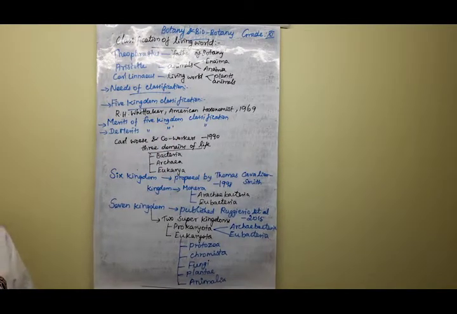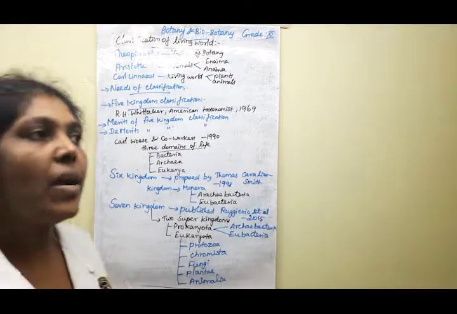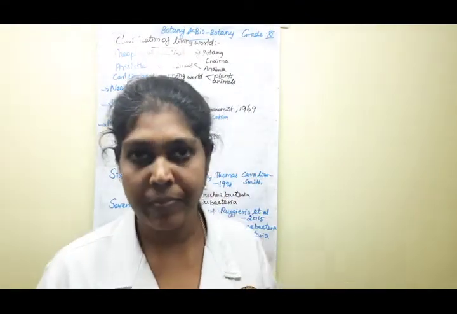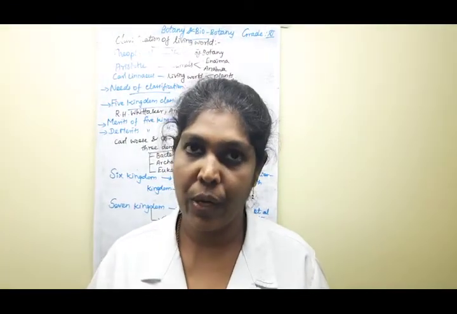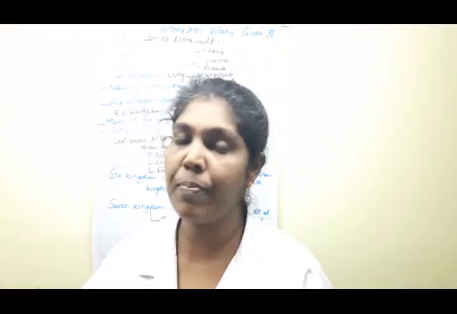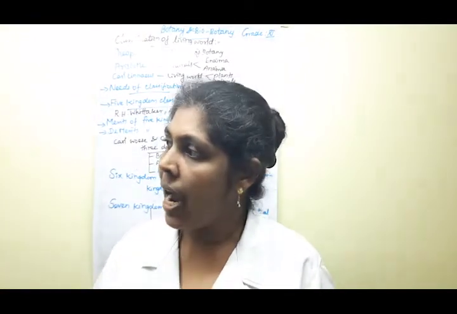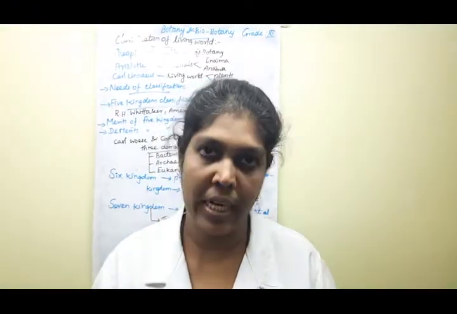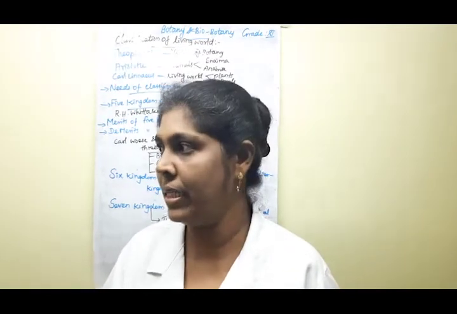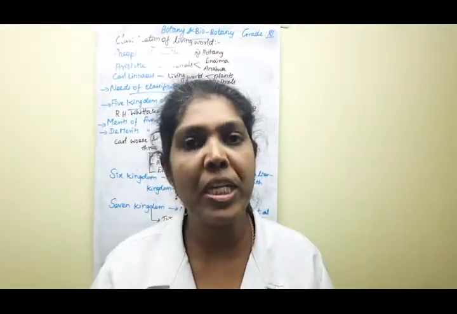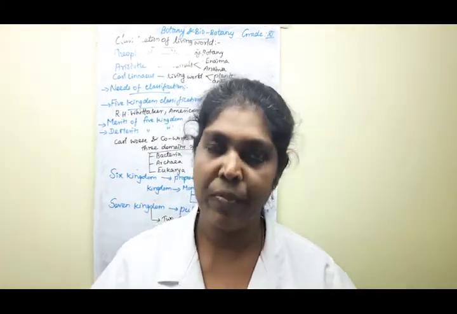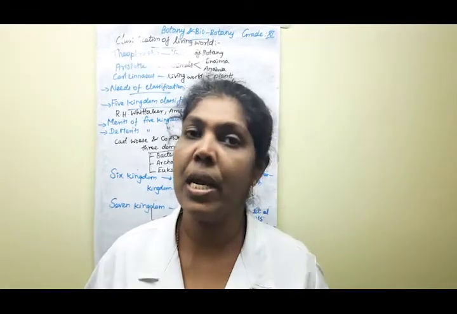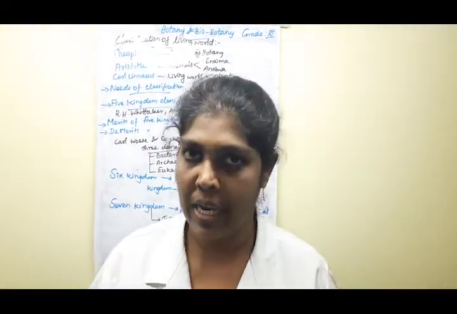First of all, the merits: they placed organisms based on the complexity of cell structure, then based on thallus organization, the body structure, and then the mode of nutrition, arranging the living organisms into separate kingdoms. This is one of the advantages, I mean merits, of this system of classification.